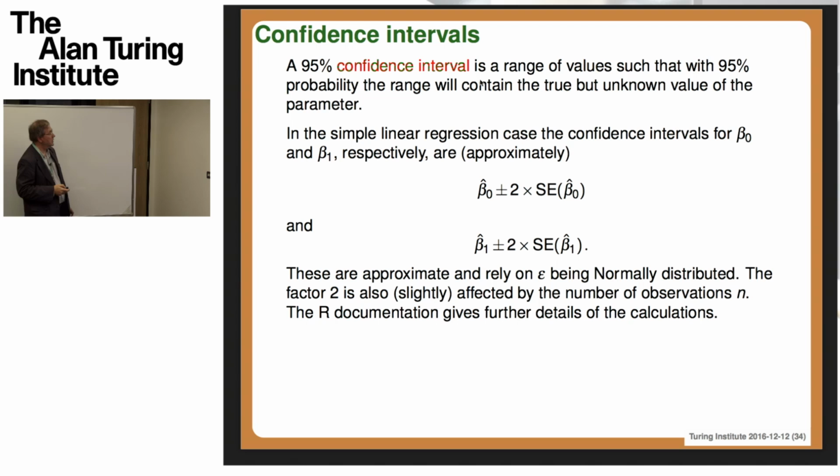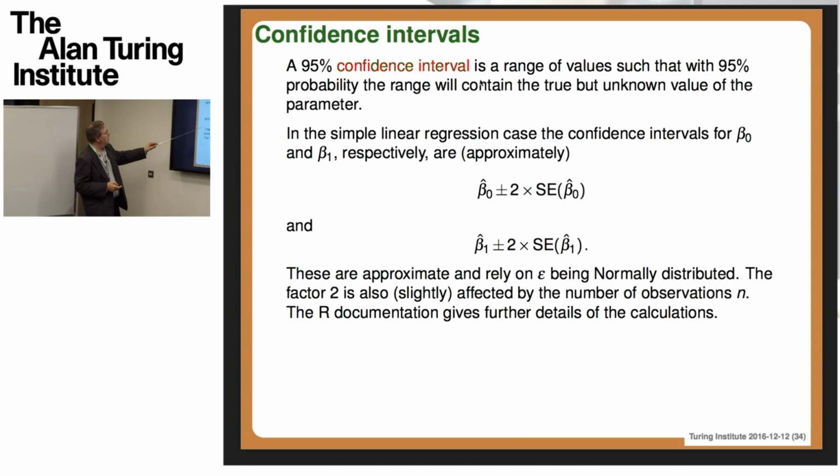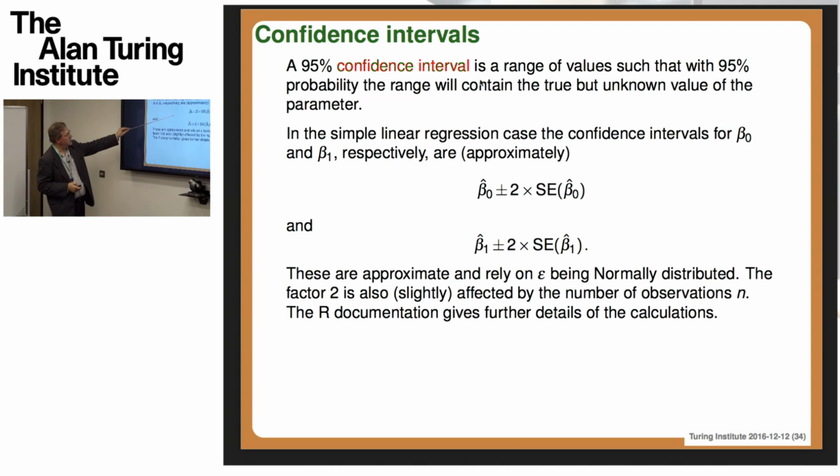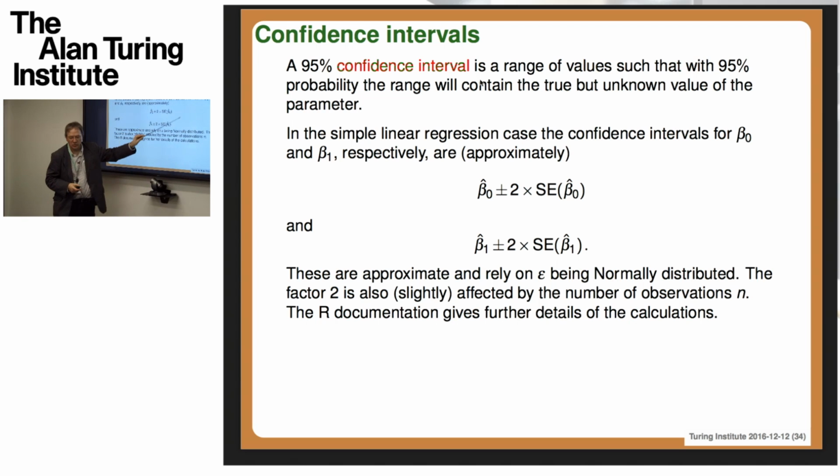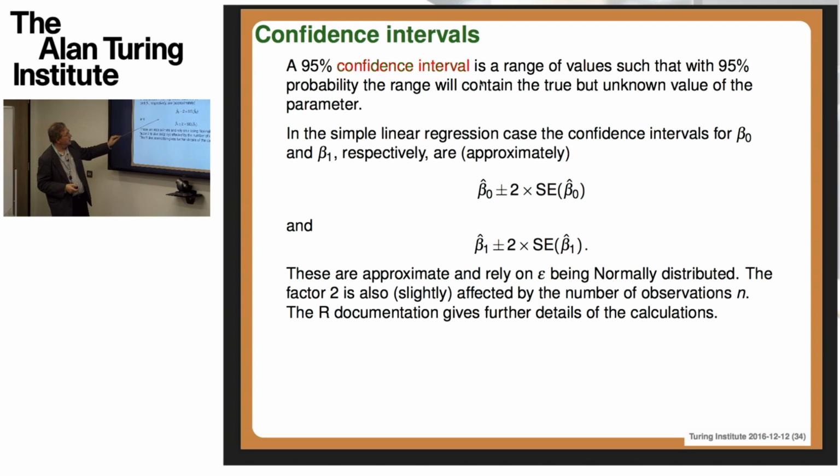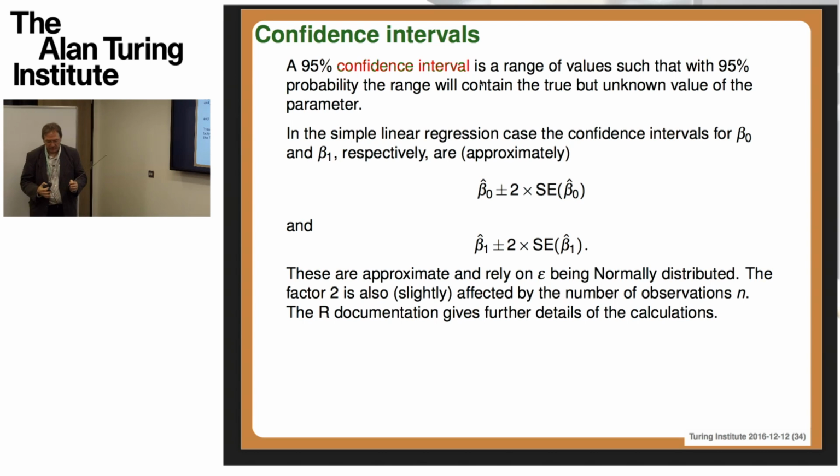Other things we can do with these standard errors: we could extract, at least approximately, a confidence interval for our parameter beta 0. If we add plus or minus 2 standard errors to these parameters, then we'll have confidence intervals where we are 95% confident that the true parameter value lies within that interval.